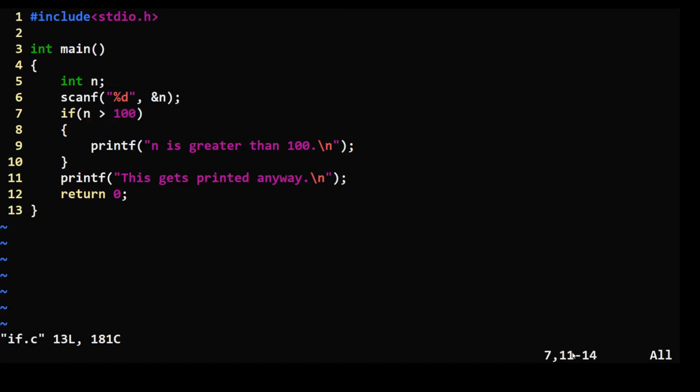If this is true, we execute this. Or rather, whatever is between these two over here gets executed if this evaluates to true. If this evaluates to false or 0, then we just skip over to this line over here.